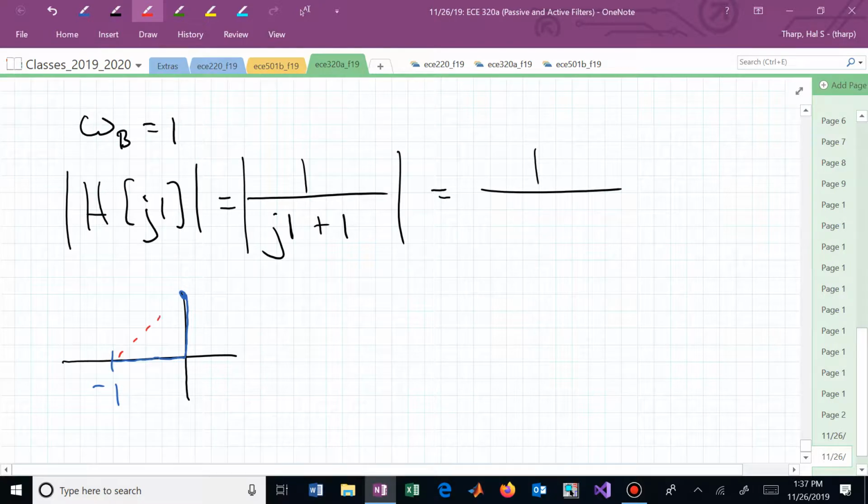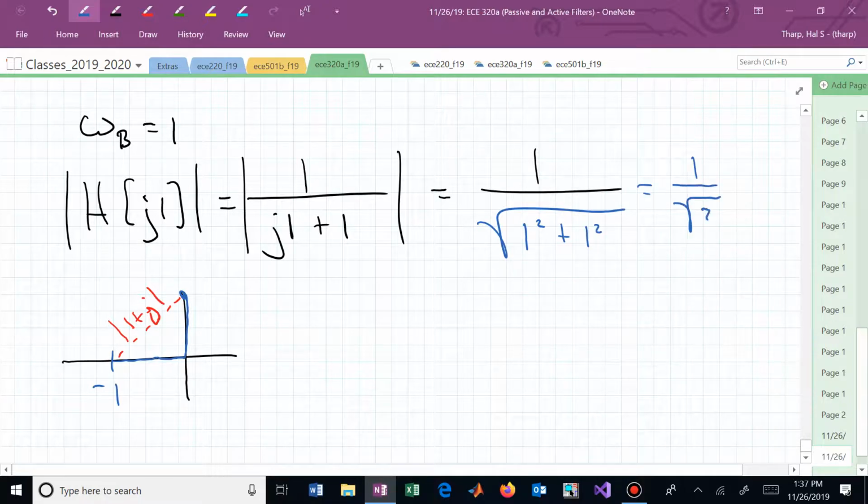And I'm really asking, what's the hypotenuse? This is now the length of 1 plus j, which is the real part squared plus the imaginary part squared, 1 over the square root of 2.